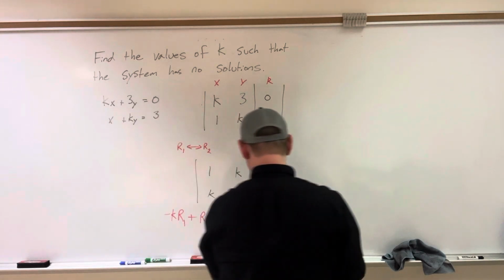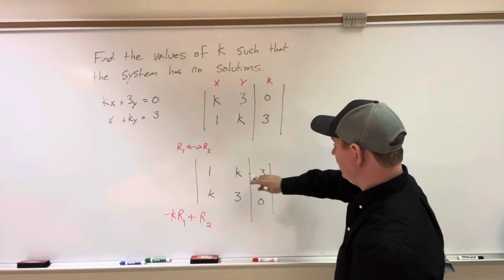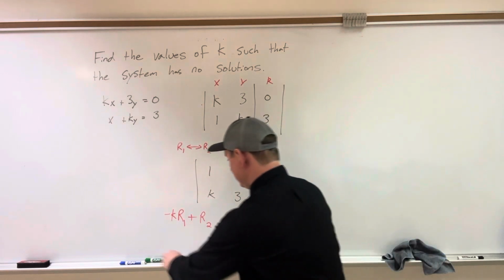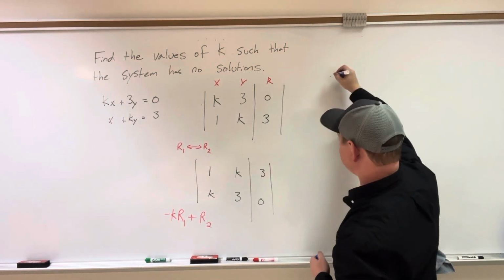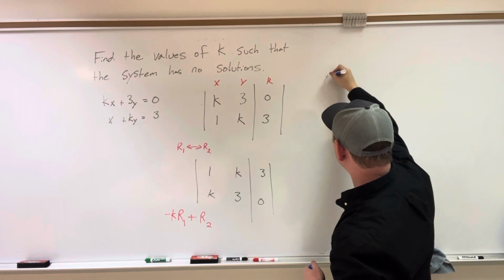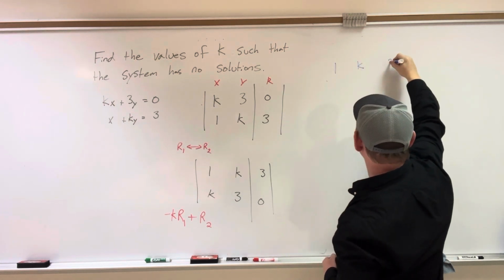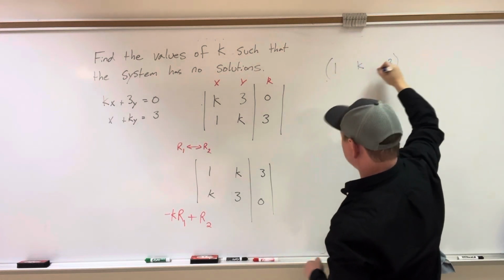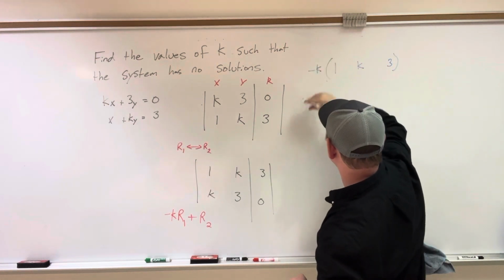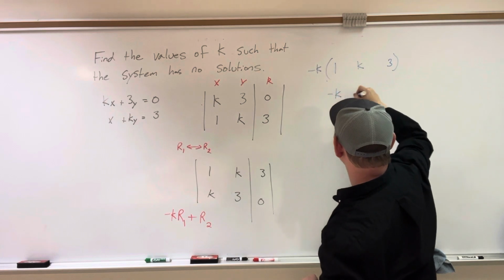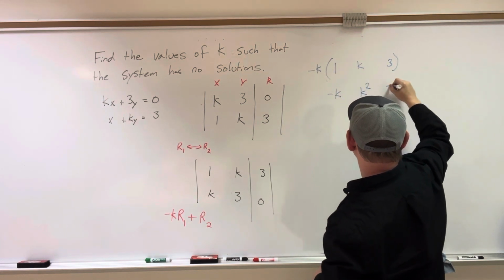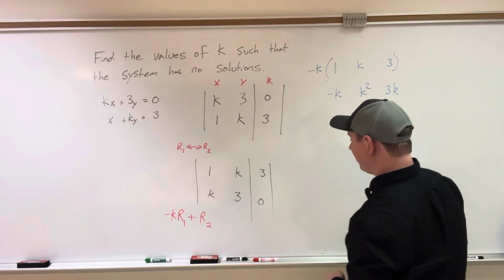So what that is going to look like is you just pretend that you take this first row. We'll say 1, k, and 3, and we're just multiplying it by a negative k value, which makes it a negative k squared, and a 3k, right?